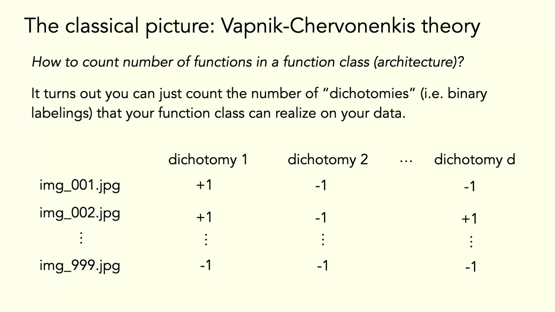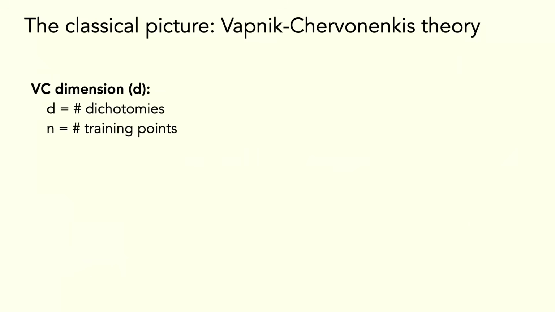So I have some number of images, and one unique dichotomy is +1 to the first image, +1 to the next image, -1 to the 1000th image, and so forth. And I can count up how many unique dichotomies I can apply to my data. And that will be called the VC dimension of that model. So VC dimension is the number of dichotomies over my n training points.